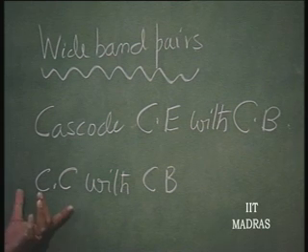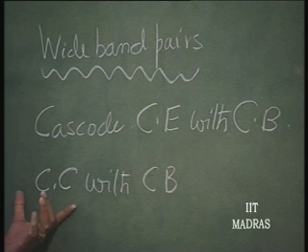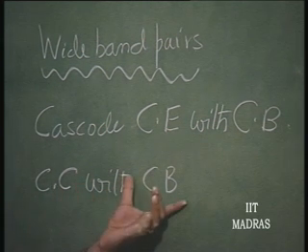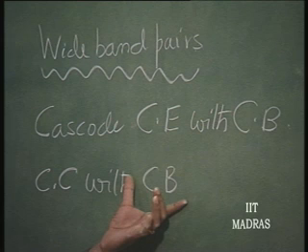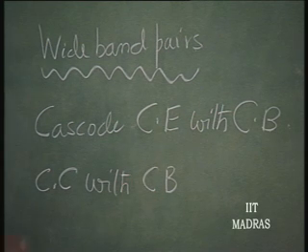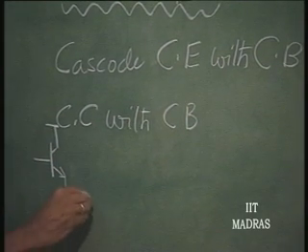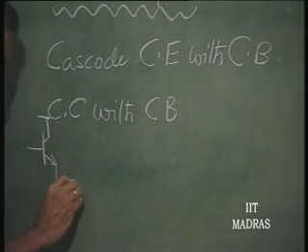This is a feedback structure we have understood, complete voltage feedback, this is complete current feedback, both of which are wideband structures by themselves compared to common emitter. So, common collector, that means the collector is grounded, with common base.